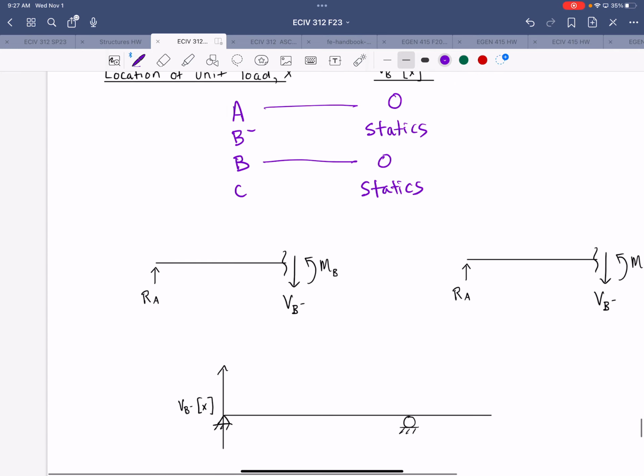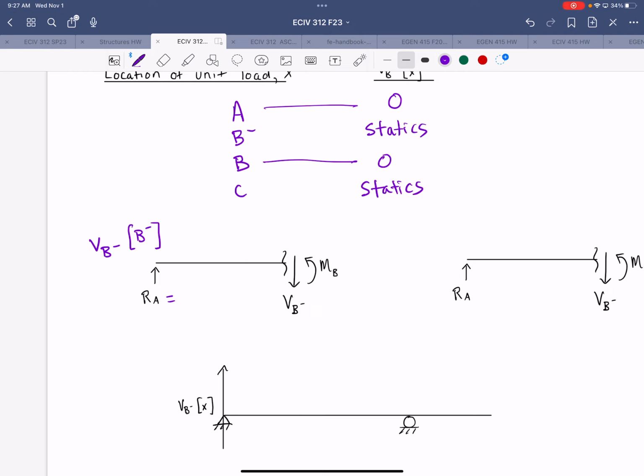All right, so here I've already pre-cut the beam and taken the left side of the cut. So here is going to be for the shear immediately before B when the unit load is immediately before the cut. From the previous influence line for the reaction at A, or just from your knowledge, the reaction at A is not sensitive to the unit load being immediately before or immediately after a given point.